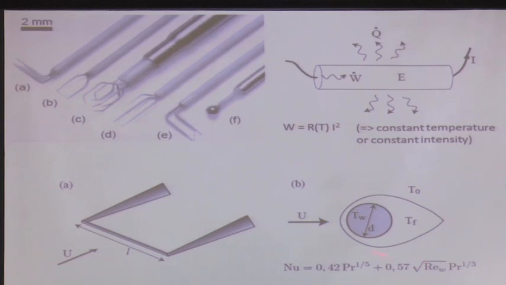So if you know the heat transfer coefficient, you can measure the resistance, and you can relate the resistance to the temperature by making this enthalpy balance. It's very easy to use, and then you can make a calibration.